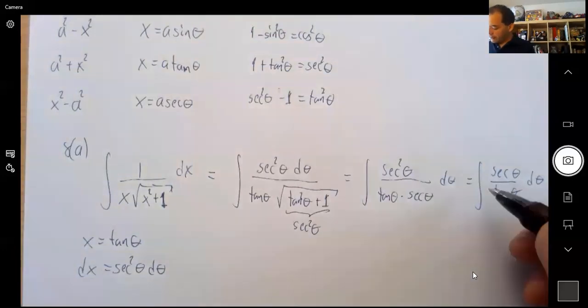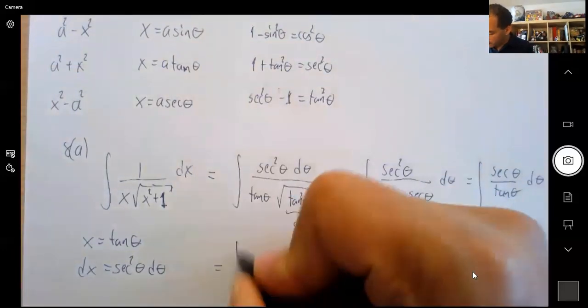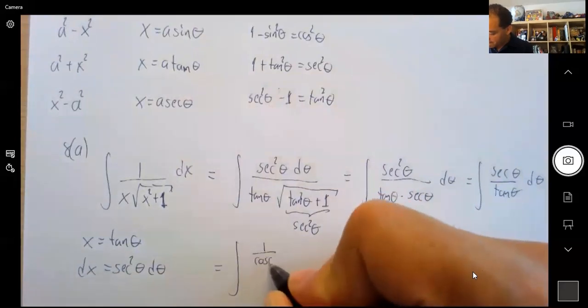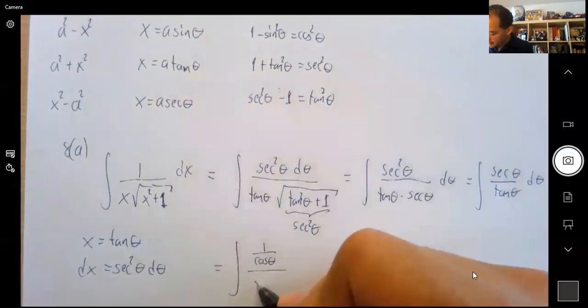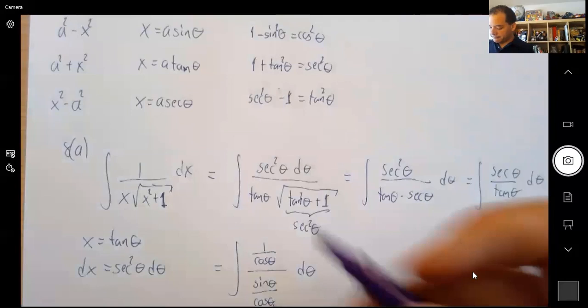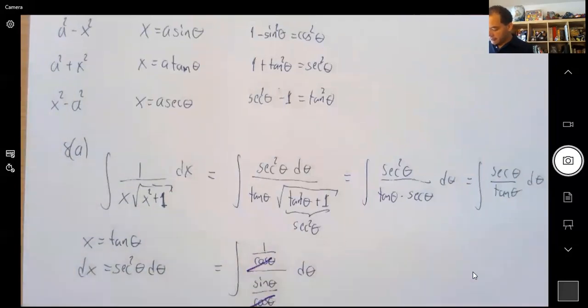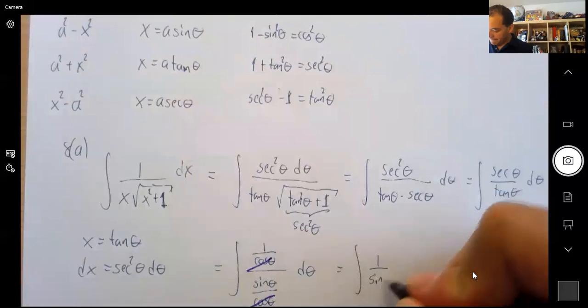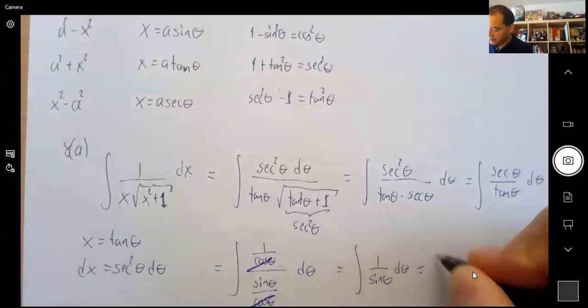So the way to do this one probably would be to change it to sines and cosines. So secant is 1 over cosine. Tangent is sine over cosine. So these cosines go away. So you end up having 1 over sine, which is cosecant.